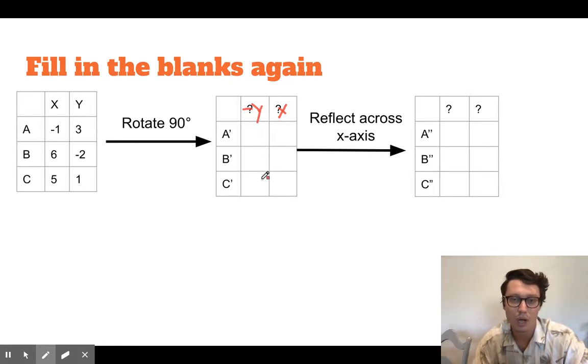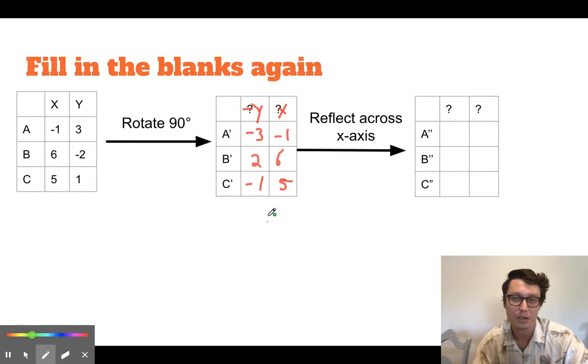So now the y numbers come first, but we're changing the sign. So +3 becomes -3, -2 becomes +2, +1 becomes -1. X numbers stay the same, but they're just coming second now. So -1 stays -1, 6 stays 6, 5 stays 5.